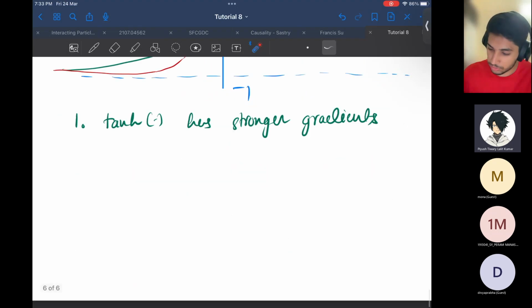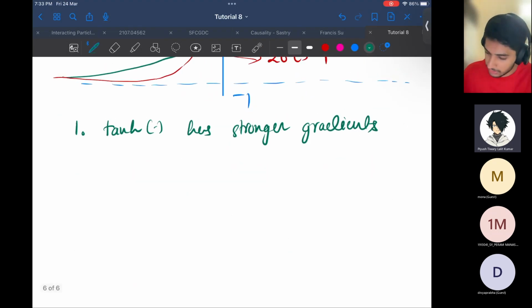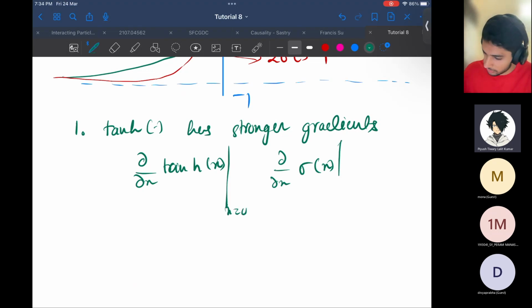How can you see that? You can do this as an exercise. Compute the derivative of tanh(x) and the derivative of sigmoid(x), and calculate these two at x equal to 0. You will observe that the tanh value is greater than the sigmoid value.